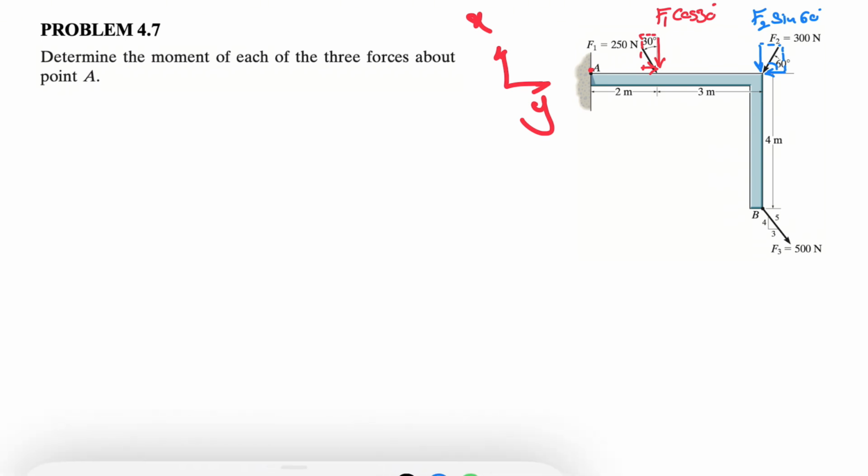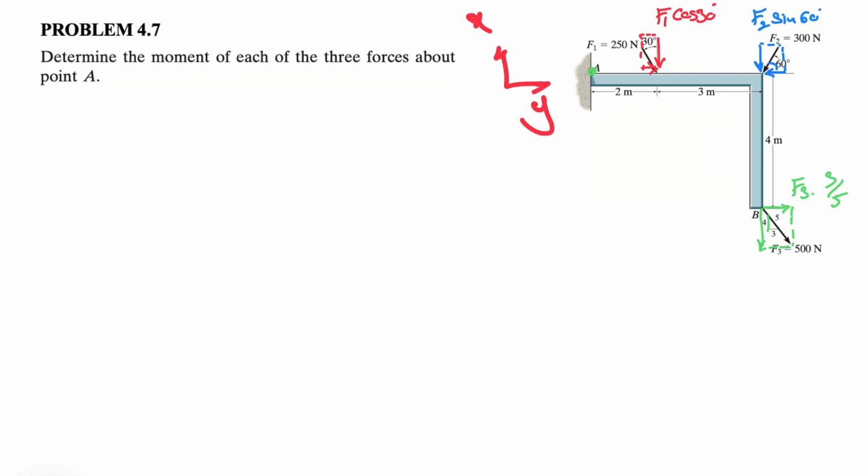And the last one would be F3. Again, we have these two as x and y components. This time both the x and y components of F3 are going to make moment about point A, so we have to consider the moment from both components. If we want to find the x component, we have F3 3/5.